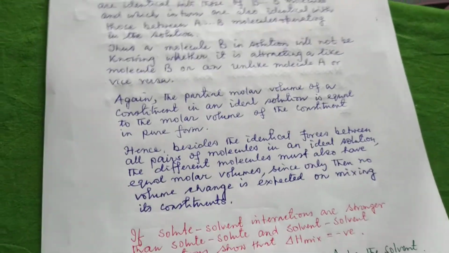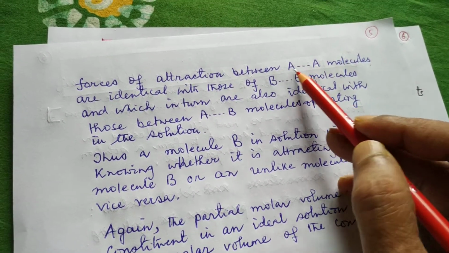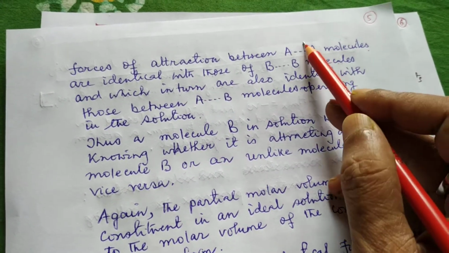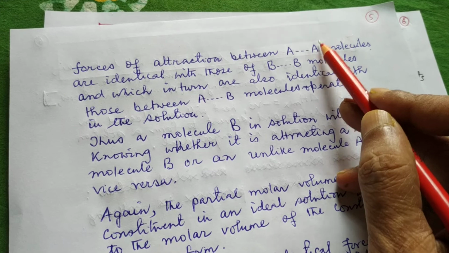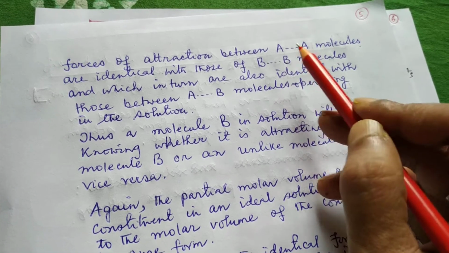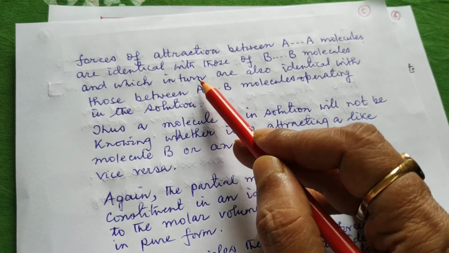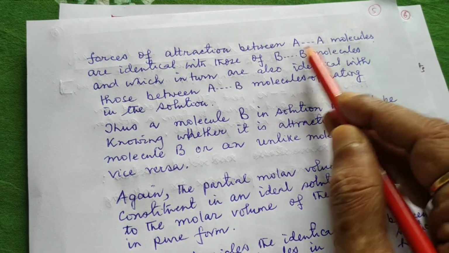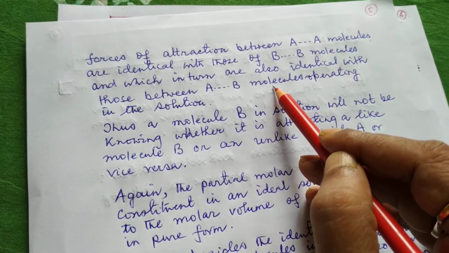Now, if the forces of attraction between A and A molecules, that is the solvent-solvent interaction, are identical with those of B and B molecules, the solute-solute interaction, and which in turn are also identical with those between A and B molecules, that is the solute-solvent interaction.